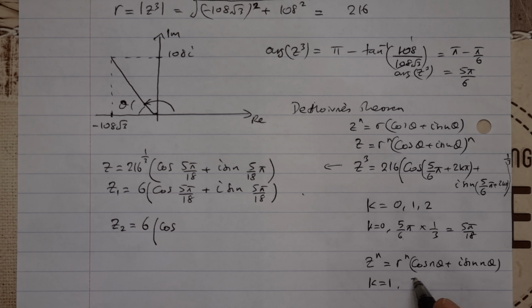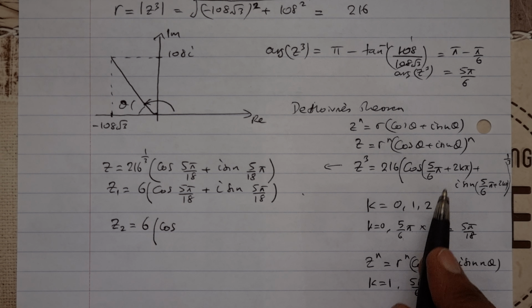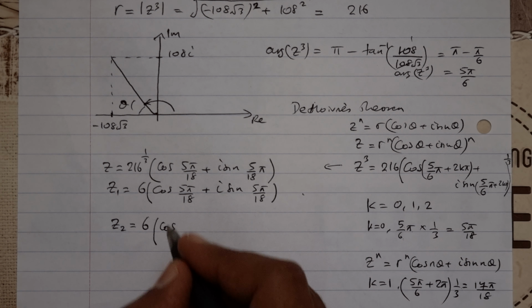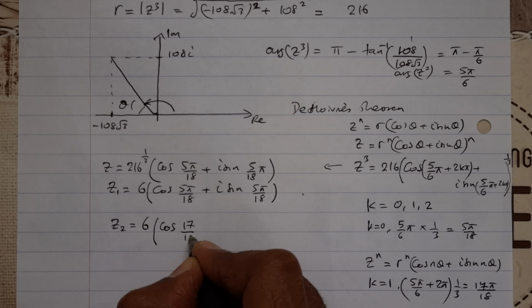That angle is 5 pi upon 6 plus 2 times 1 times pi, which is 2 pi, and then all of that gets multiplied by 1/3. So 6 times 2 is 12, 12 plus 5 is 17, 17 pi over 6 times 3 is 18. So the next angle is 17 pi over 18.